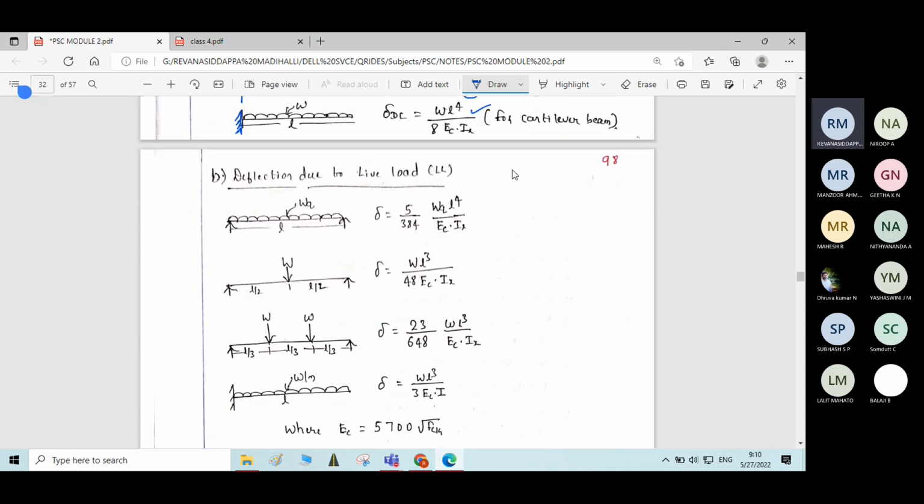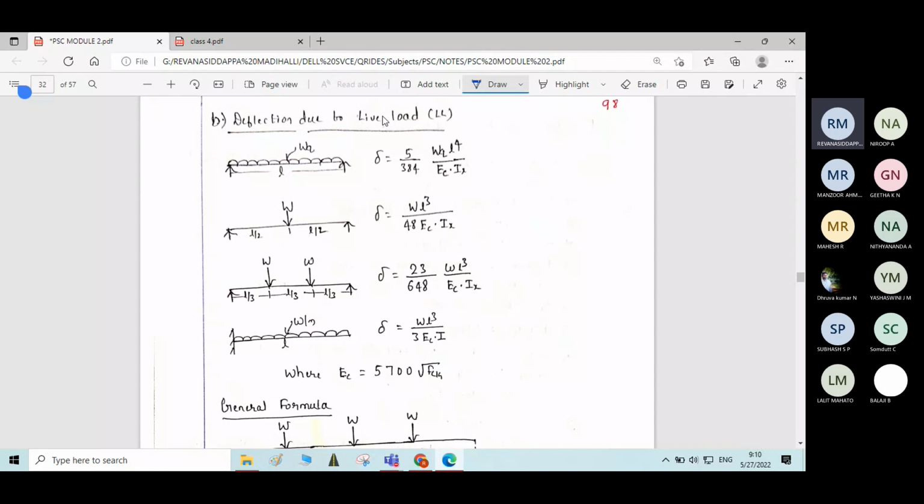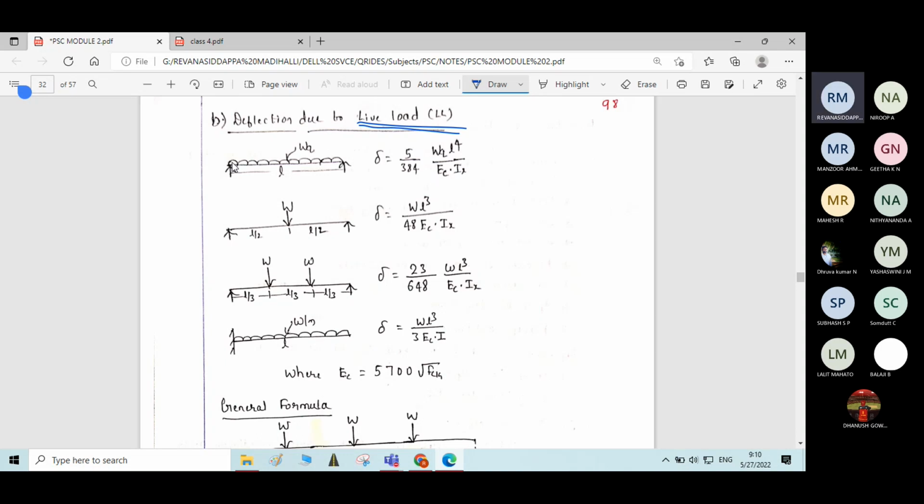Then coming to the determination of deflection of the beam due to live load. If the live load on the beam is a UDL of intensity Wq per meter length, then using this formula 5/384 Wq L^4 divided by Ec Ix, we will find the deflection due to live load.